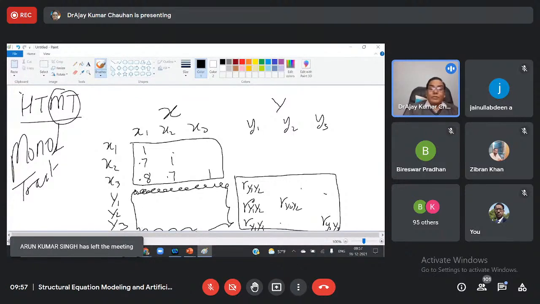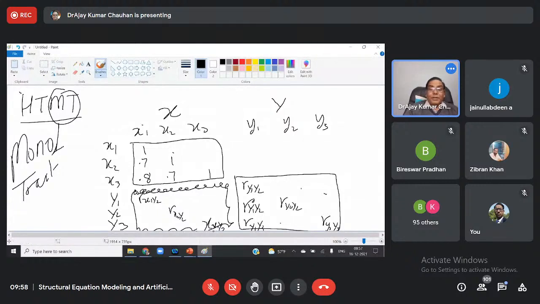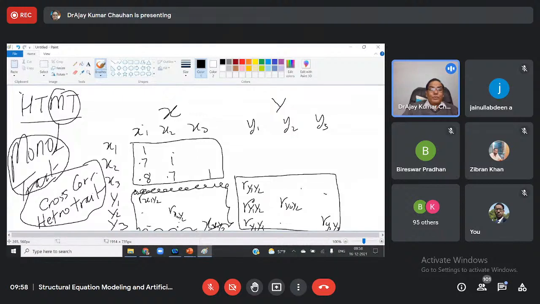This box is finding the correlation between X1 and Y1, X2 and Y2, and X3 and Y3, and so on. This is known as cross correlation, and this cross correlation is known as heterotrait. So we calculate the cross correlations and we calculate the same-construct or monotrait correlations.